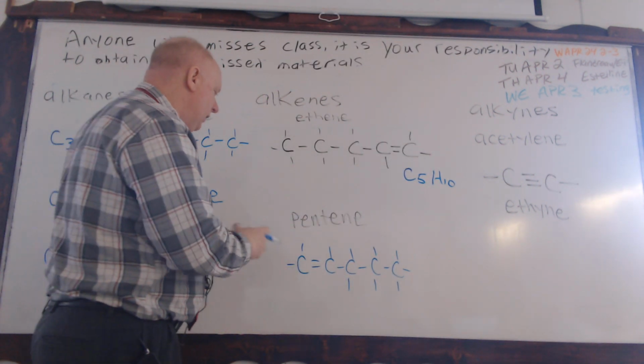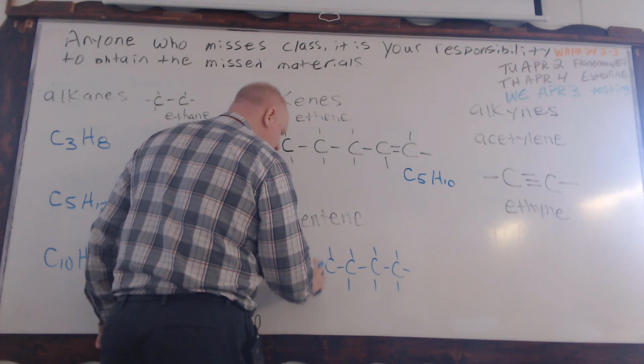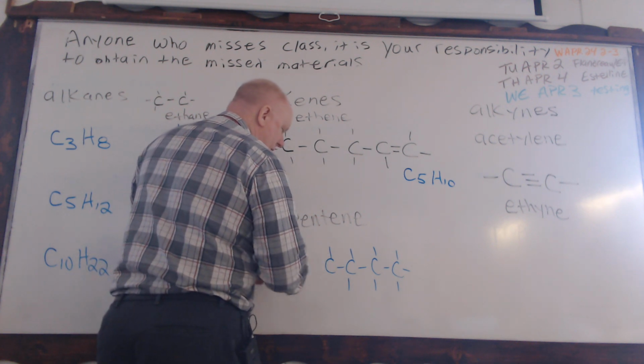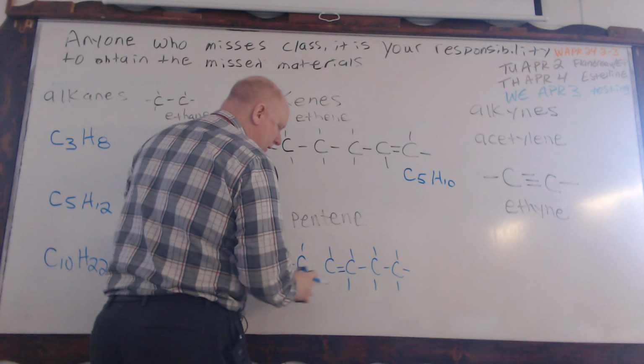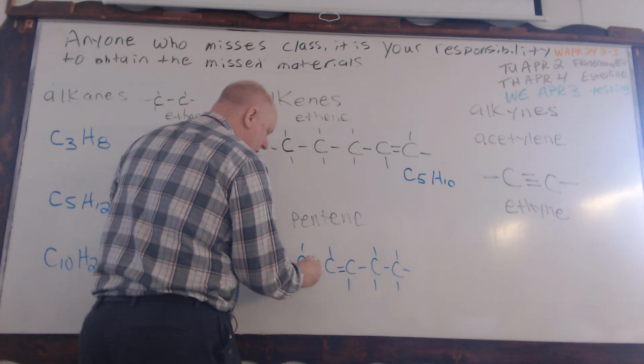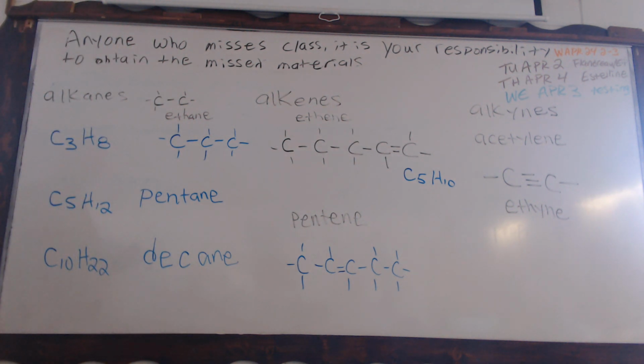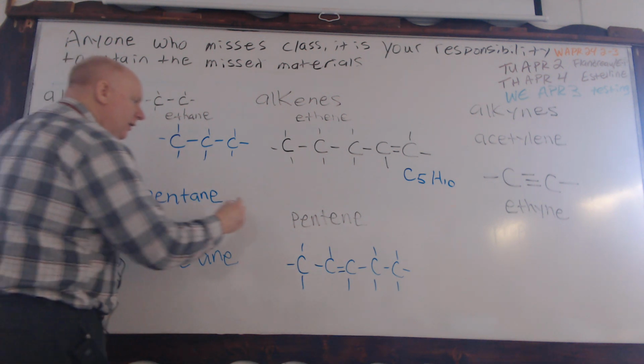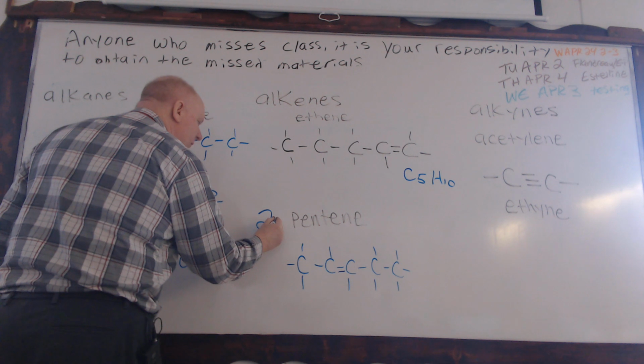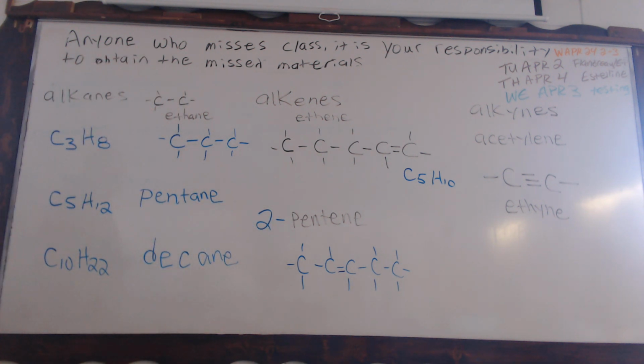But if we switch this to perhaps this, then we'll erase that one. Okay? Do we still have pentene? Yes. Got 2 pentene and 3 pentene. Okay? So then, therefore, this is where we're going to pick this instead of the number 3. Why is that? Because you picked the lowest number.